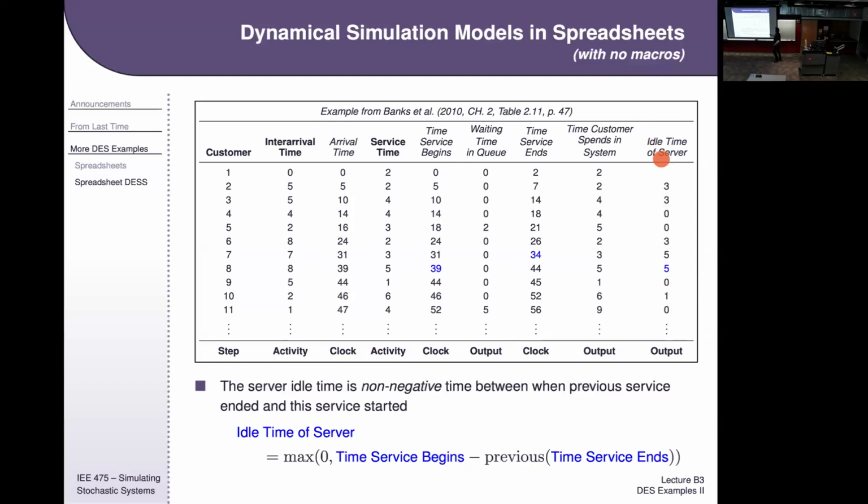And so in these cases here, like this one here, the service ended at 18, but then it began at 18. So 18 minus 18 gave me the 0 here. So in this case, the server is continuously working. Here, the server gets a little break. And that's the last relationship I have to populate to get all of the info out.